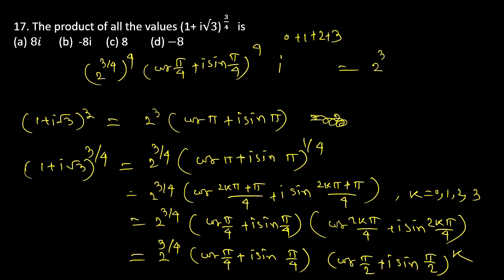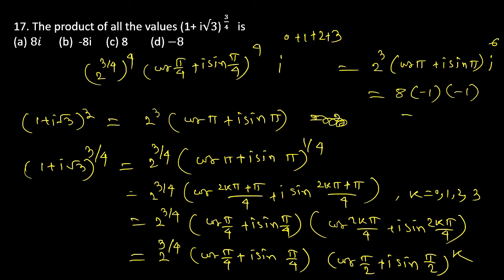It's equal to 2 cube, and this is cos pi plus i sin pi, and i to the power 6. So it will be 8, and cos pi plus i sin pi is minus 1, and i to the power 6 will be minus 1.